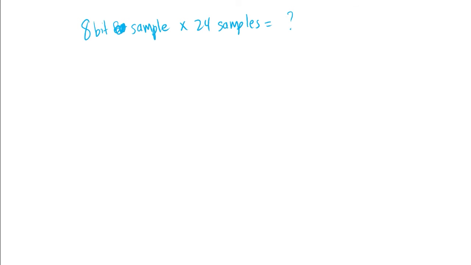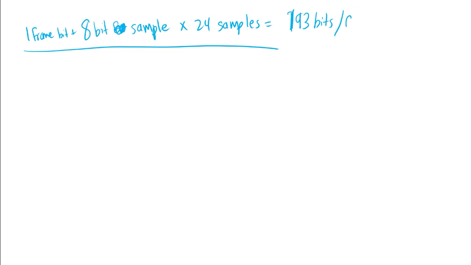So 24 times 8 is whatever it is, but 1 frame bit. What's 8 times 24? If I power on my calculator. It's been a while since I used this, but it's 8 times 24. There's 193 bits. 193 bits per DS1 frame.